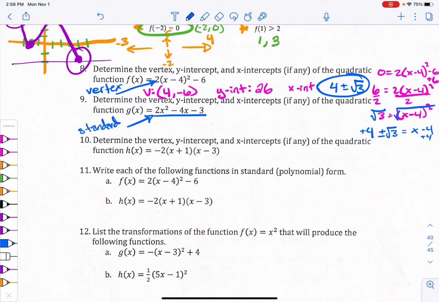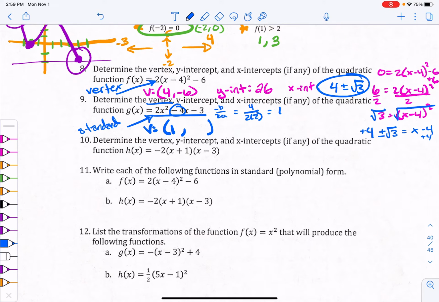Okay, and we want to find the vertex, so we do negative b over 2a. My b value is negative 4, so it would be negative negative 4, or positive 4, over 2 times 2. 4 over 4 is 1, so the vertex is 1 comma something, and we've got to figure out what this something is.